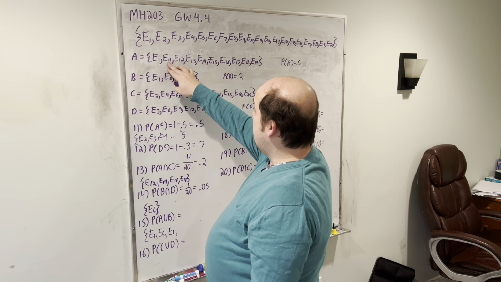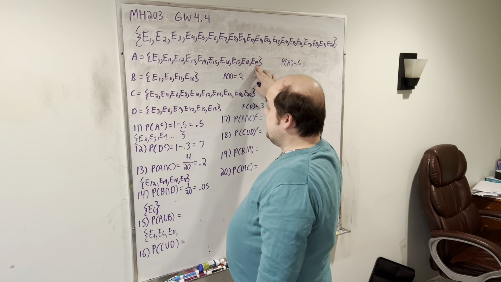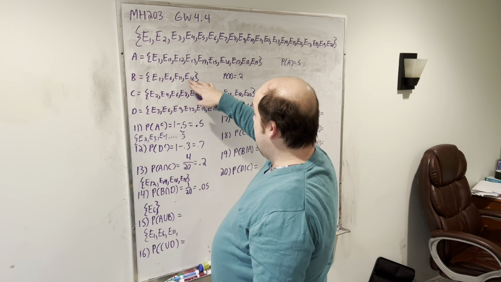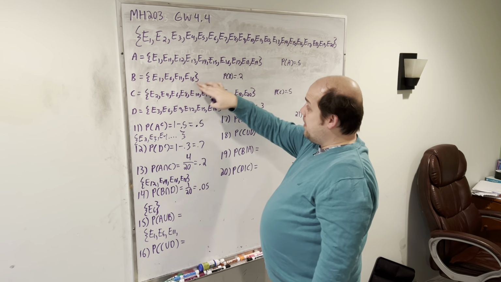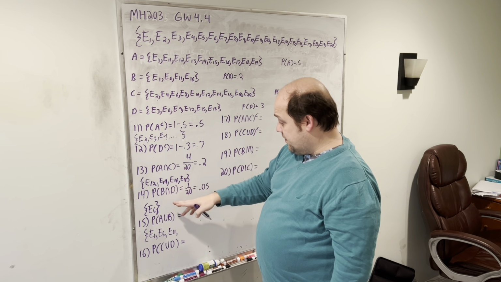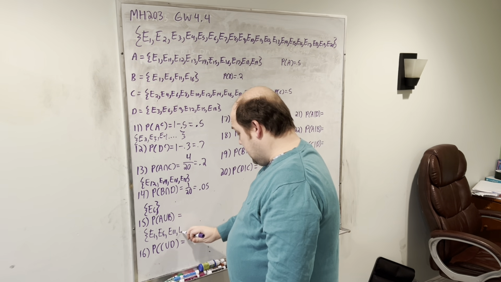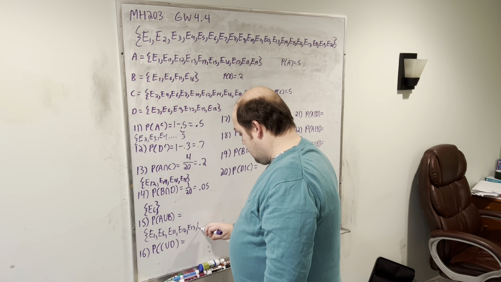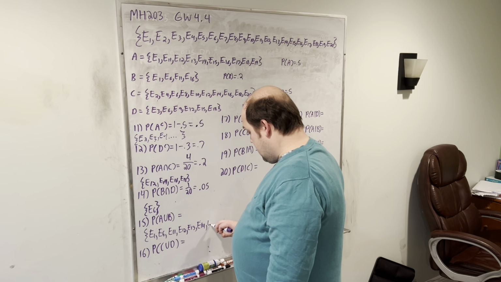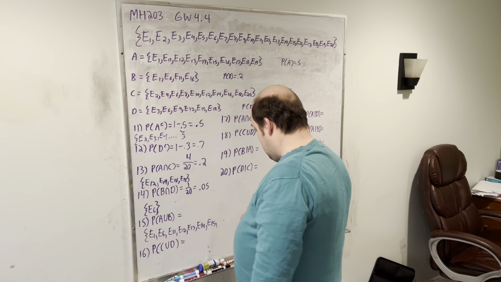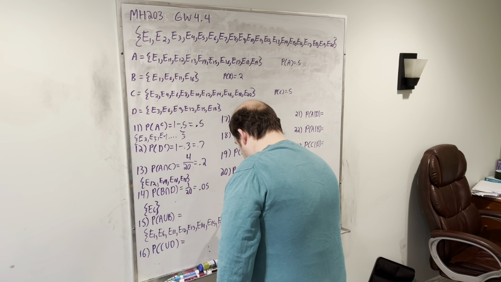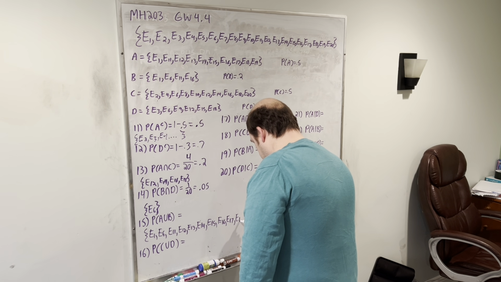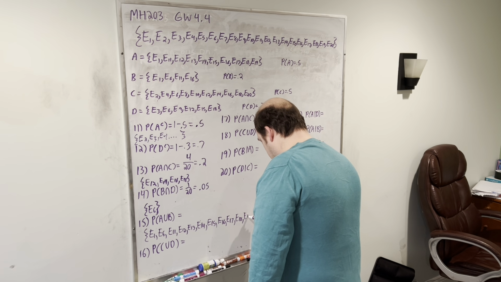From there, set A counts all the way up to 19. So everything from 11 to 19 is going to be in there. 16, I'm not going to double count. So I'm just going to start from this 11 that I have and keep going with E12, E13, E14, E15, E16, E17, E18, and finally E19.